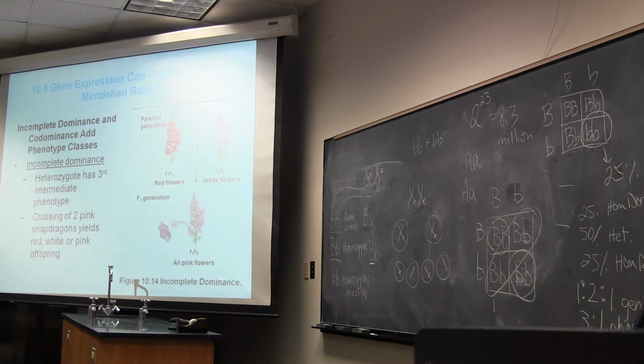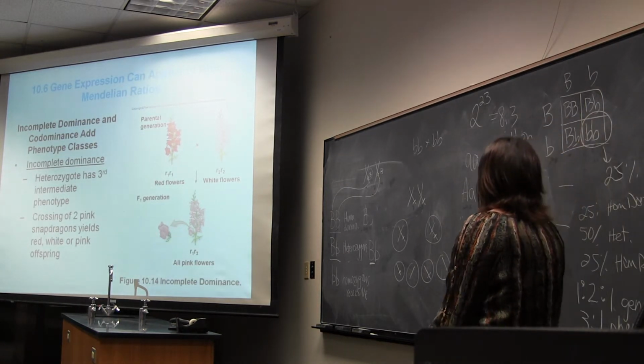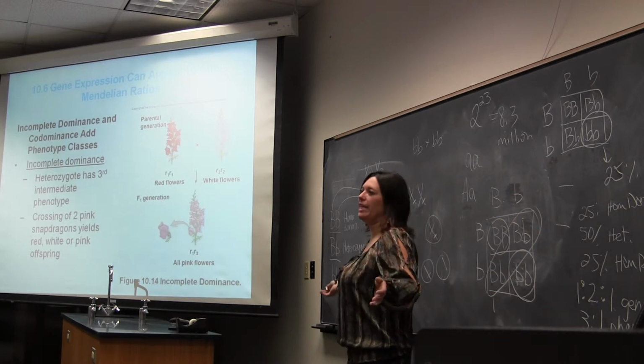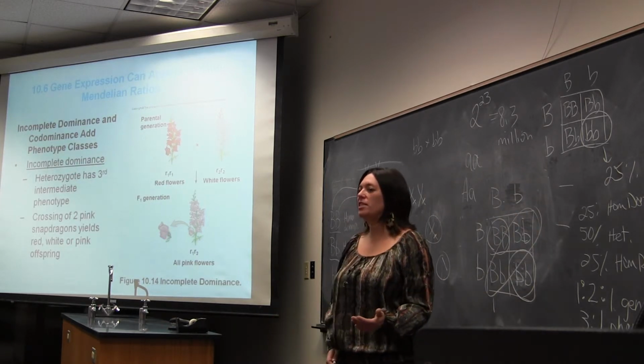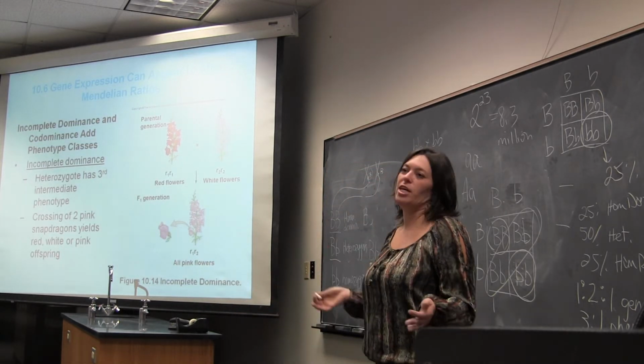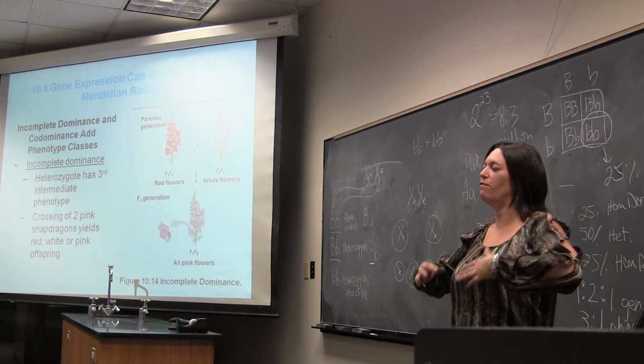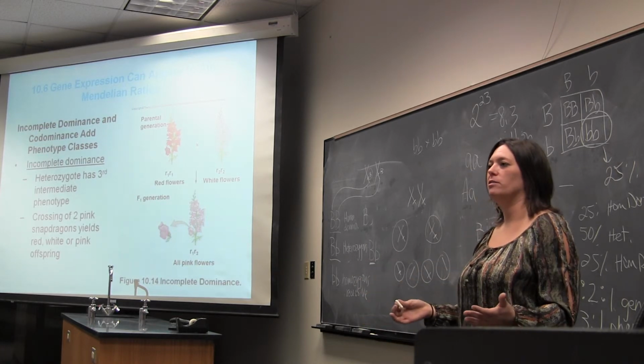Okay. Everything we've been talking about to this point has been what's called Mendelian genetics, named for the scientist who discovered it, Gregor Mendel. Mendelian genetics is the default type of genetics, or the default inheritance pattern.